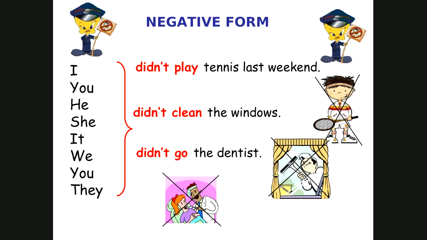Negative forms. With the verb to be is pretty easy because you only have to include the word not. But over here, you are having the subject pronoun, plus you have to include did not, or didn't, which is the auxiliary. Then you have the verb in infinitive, so you don't conjugate the verb.